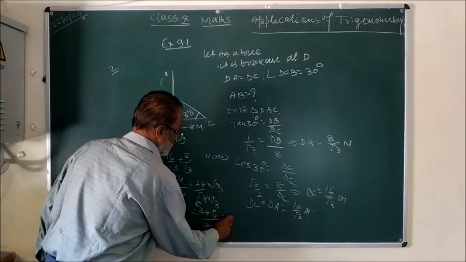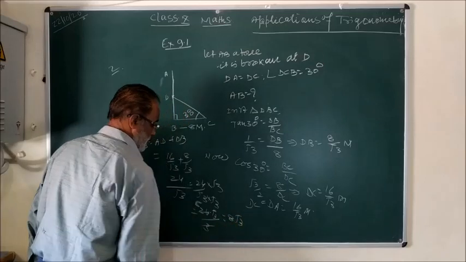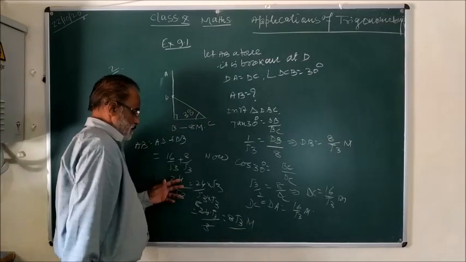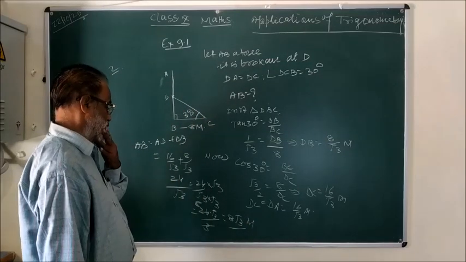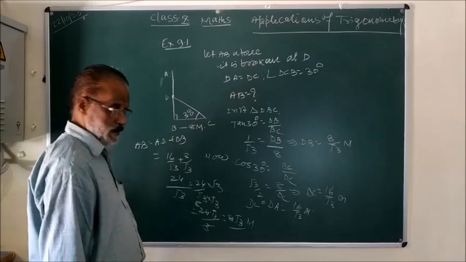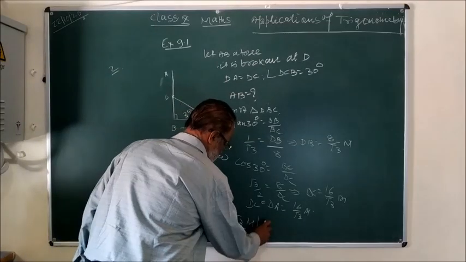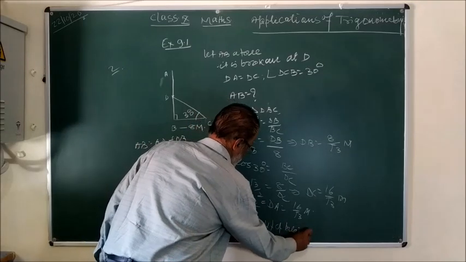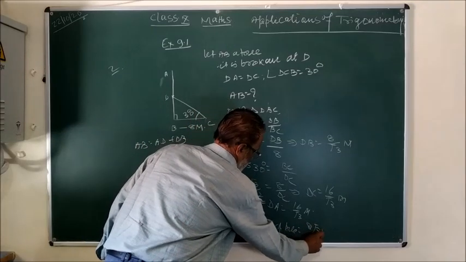So this is the height of the tree. This is the solution. Height of tree is 8 root 3 meters.